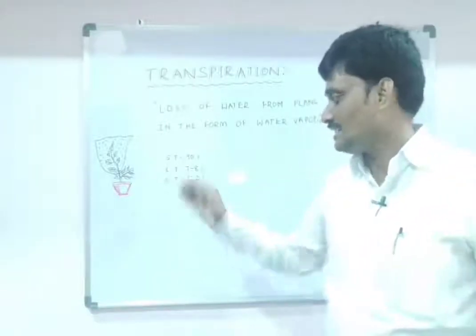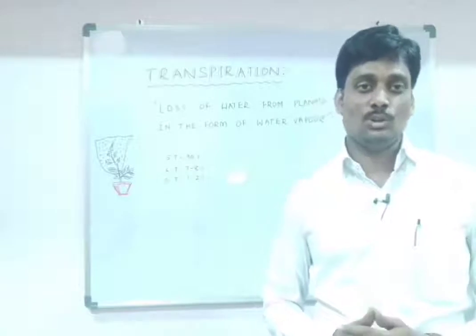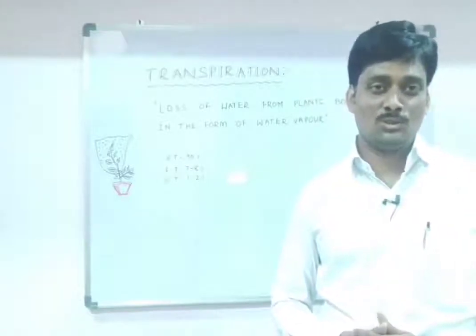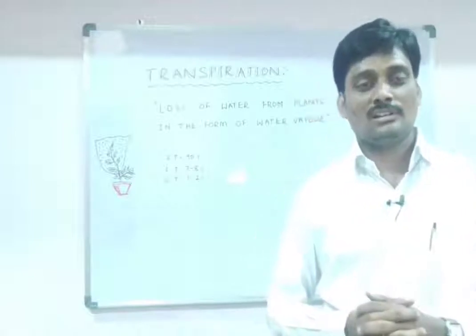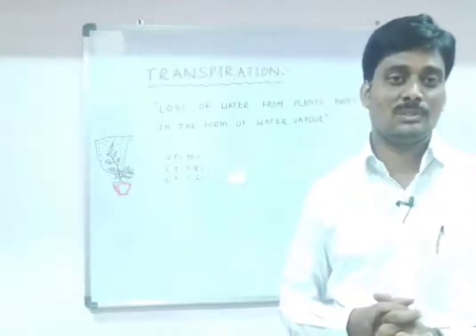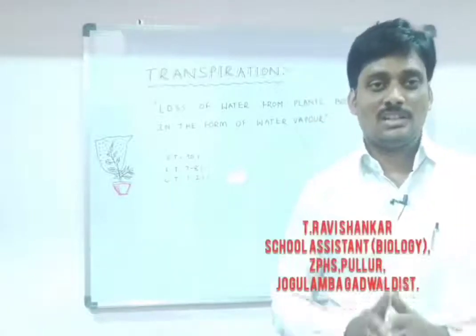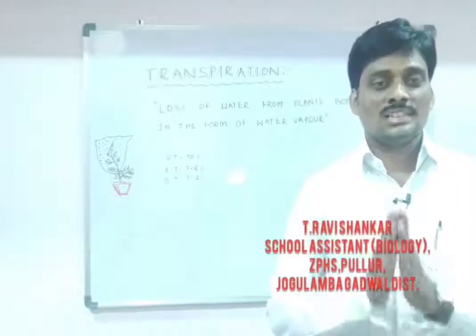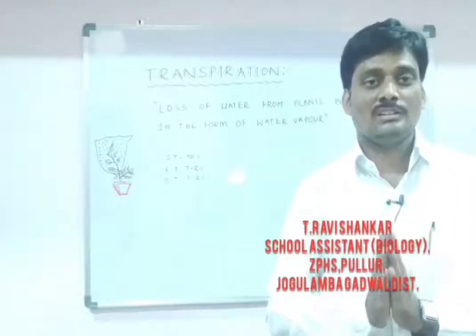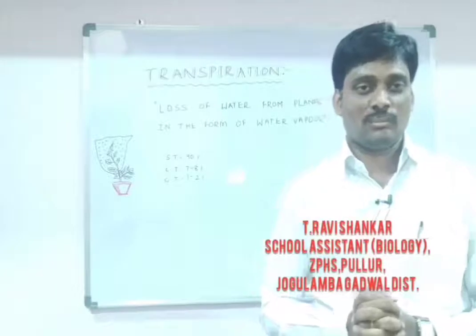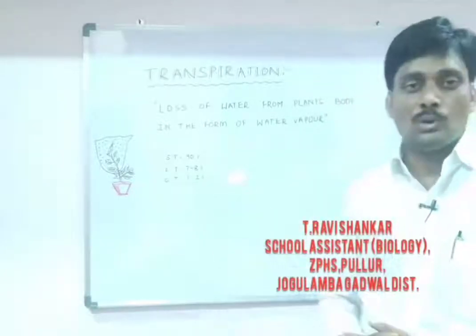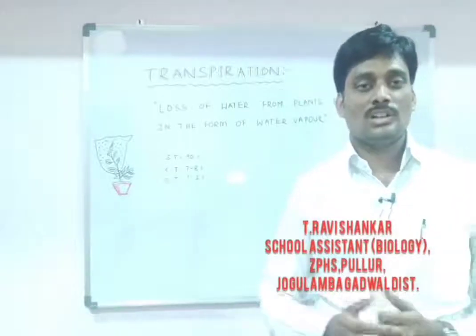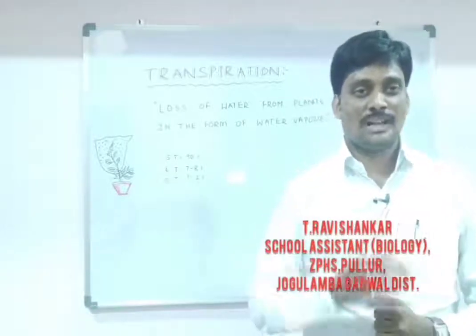Next we have the cuticle. As you already know, the cuticle can be observed on the upper and lower epidermis of the leaf, and some amount of water also evaporates as water vapor through it. Nearly 1 to 2% of the water evaporates from the plant's body through the cuticle.